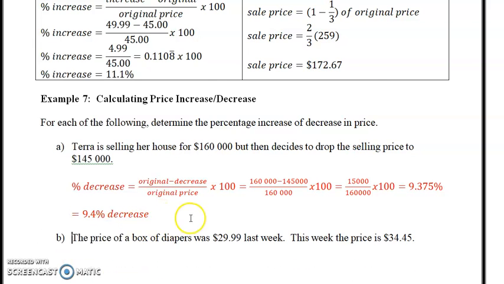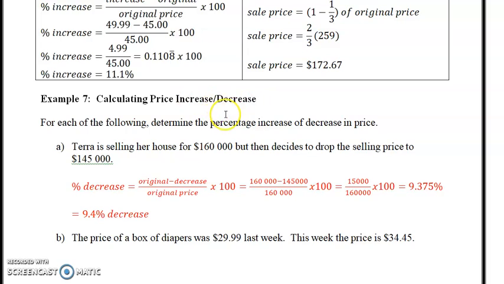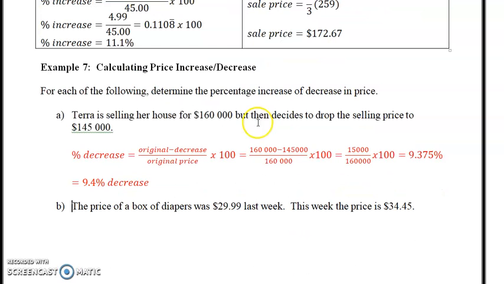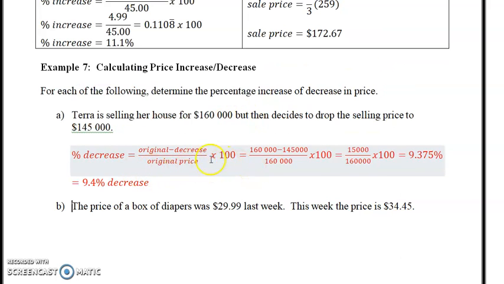And that's how you do it. I just manipulated the original formula that you've seen above. Remember, if you don't remember the formula, just take the larger, subtract the smaller, and divide by the original. That's all you have to remember, and that'll give you the price increase or decrease.